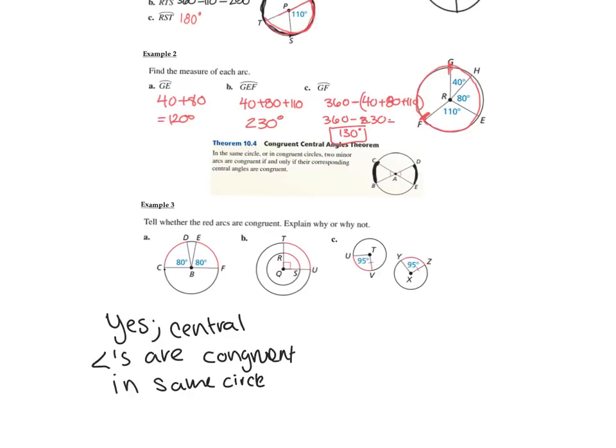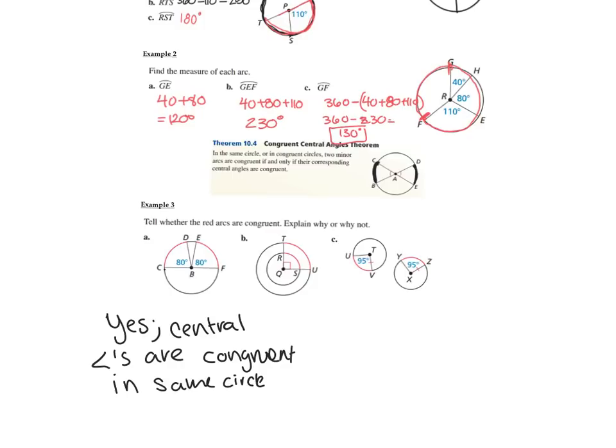Now, if we look at question B, we can see that there are actually two circles here, right? There's the outer circle, and then there's the inner circle. Both of them are 90 degrees, but the problem here is that they are actually two different circles. They're not congruent circles.